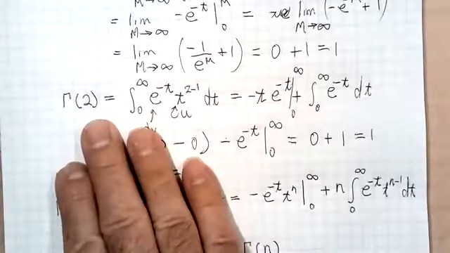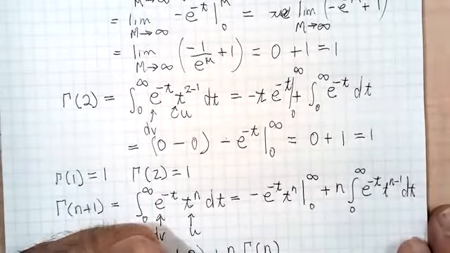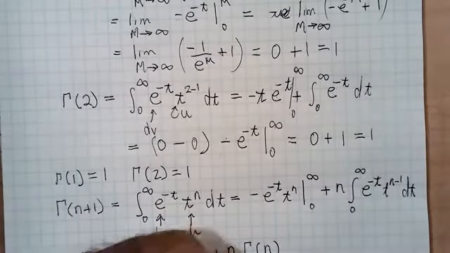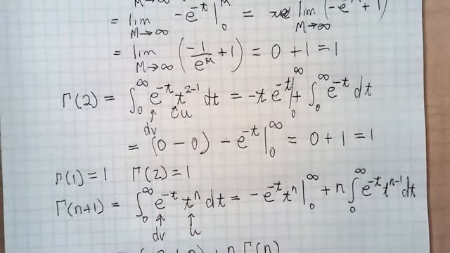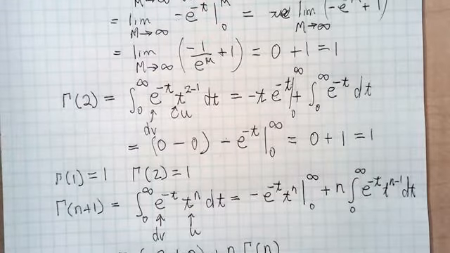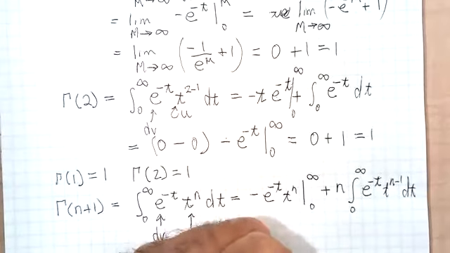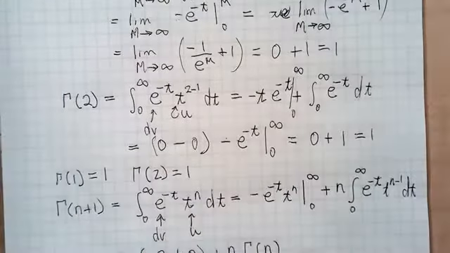That's up here, and we turned out we got 1 for that. Now, what if we want gamma of 3? Well, the answer is it's going to be 2 times gamma of 2 by this formula right here. So set n to be 2. Gamma of 3 equals 2 gamma 2. But gamma of 2 is 1. So that's 2 times 1, which we recognize, of course, is 2 factorial.